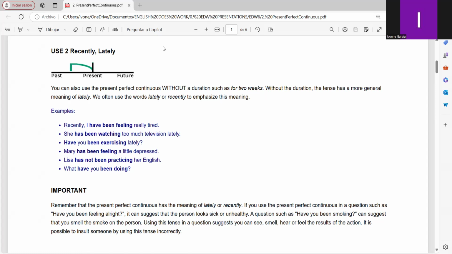Using this tense in a question suggests you can see, smell, hear, or feel the results of the action. It is possible to insult someone by using this tense incorrectly. So we need to be careful also.